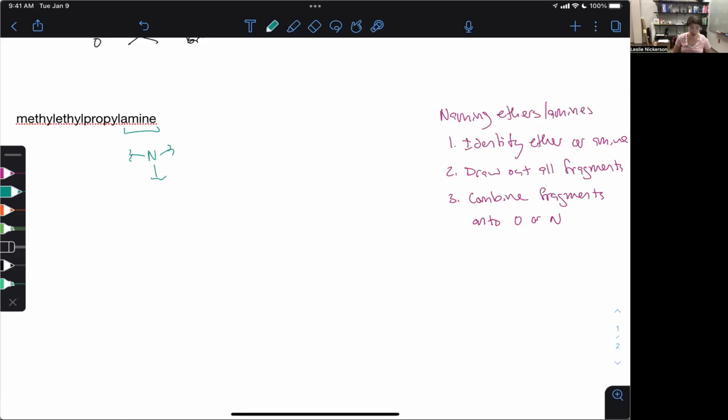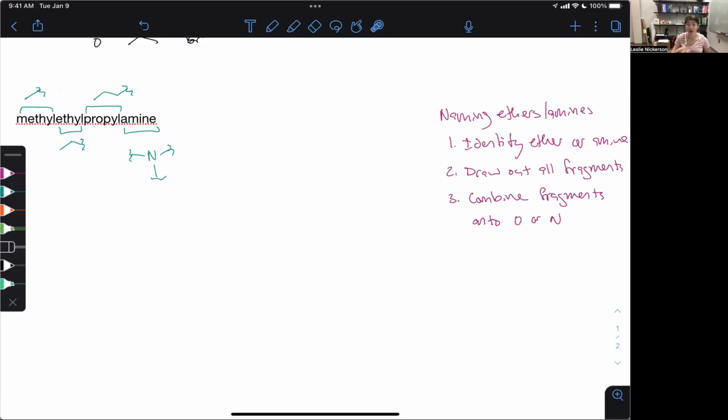It either has to be a hydrogen or a carbon. So then I can look at the rest of the pieces here. So if I'm looking here, propyl, if it doesn't have iso or anything in front of it, it's just going to be the straight chain version, 3 carbons. Ethyl is going to be 2, and then methyl is going to be 1. Okay, so if I'm looking at this, my nitrogen here has 3 connection points, and all of these have 1 connection point.